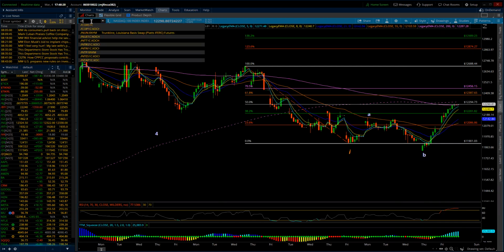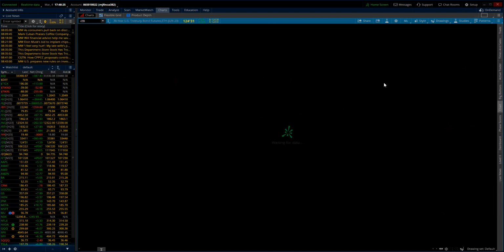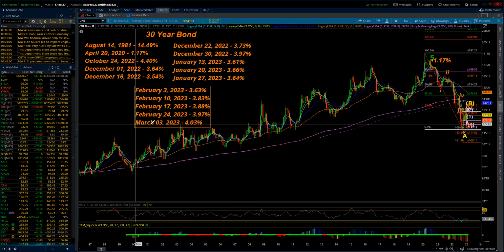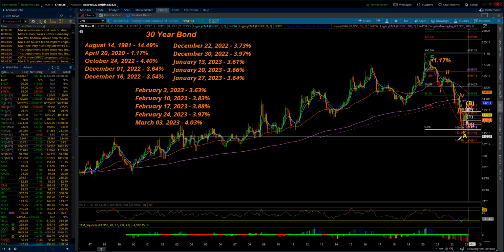First up, we're going to take a look at the 30-year note. First thing I want to talk about is that in the 30-year note on March the 3rd, the rate on the 30-year bond was 4.03. So it reached 4%. Now, I want to explain something a little bit different.